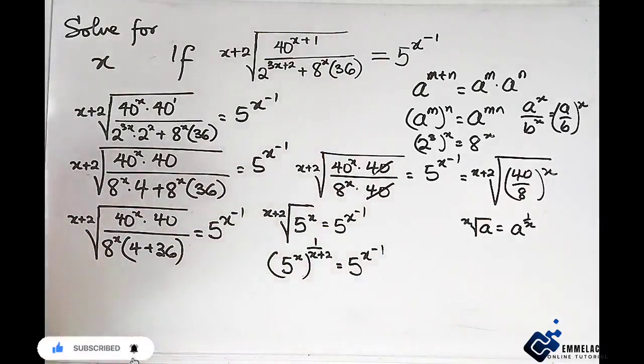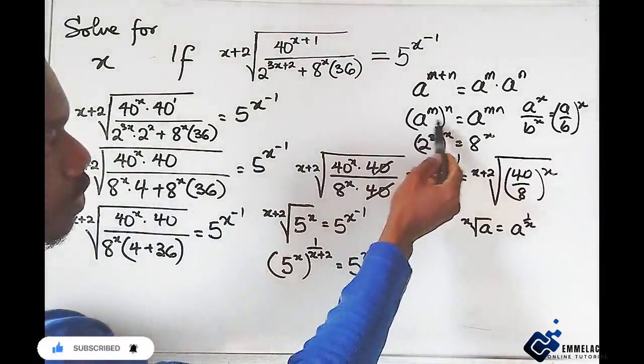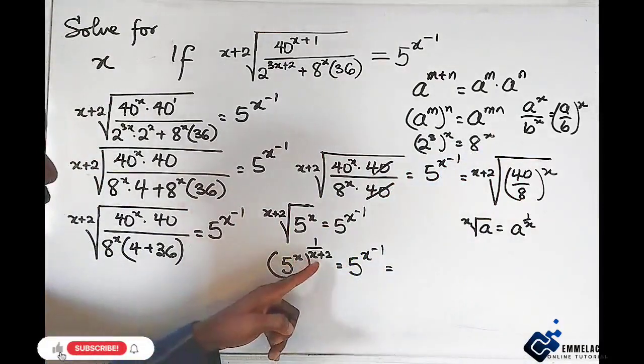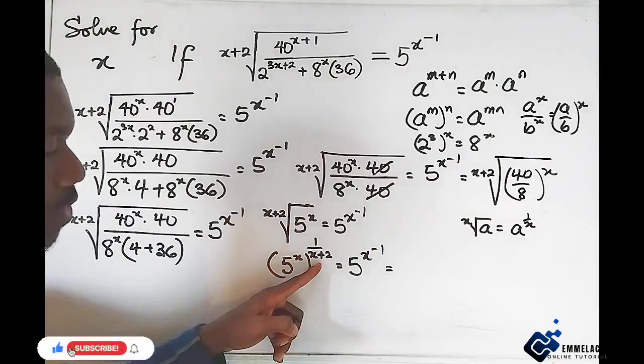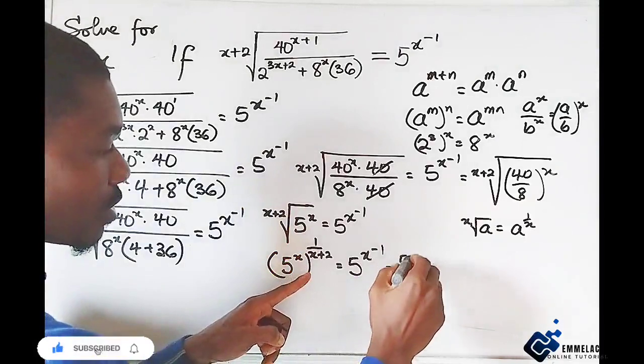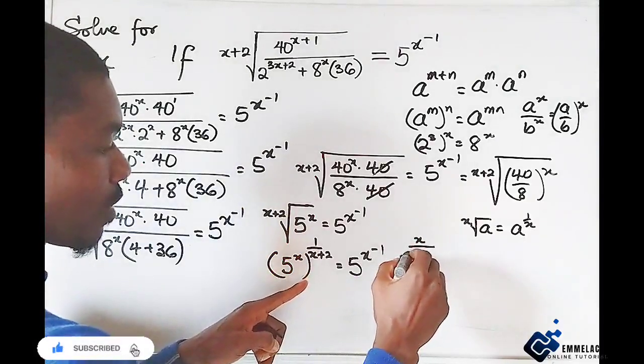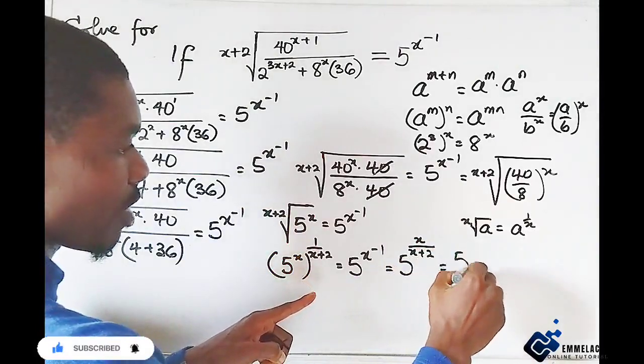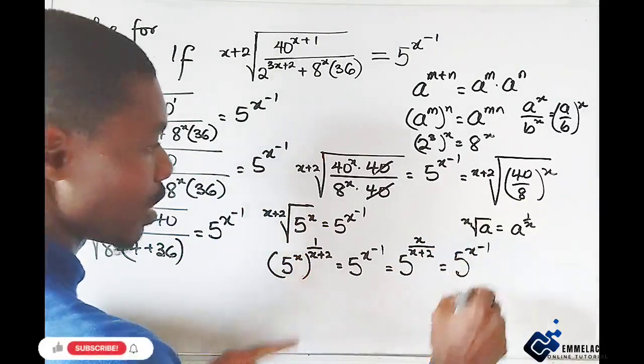Applying this rule also, we can multiply x by 1 over x plus 2. So here you have 5 raised to the power of x over x plus 2, equals 5 raised to the power of x, raised to the power minus 1.